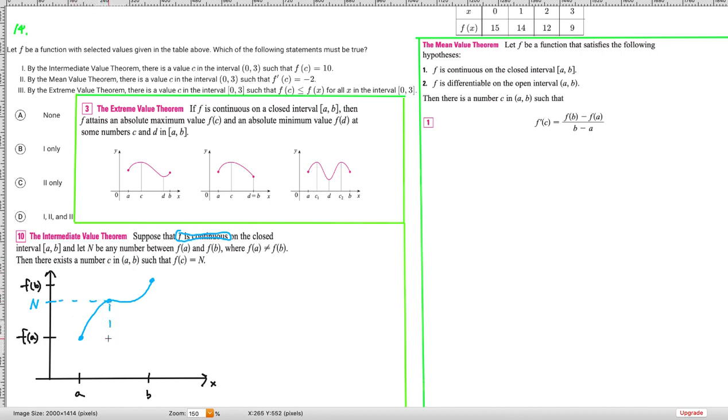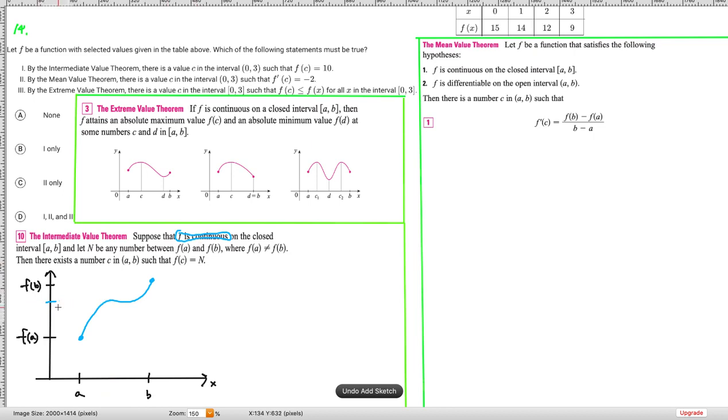There has to be some c between a and b with f of c equal to n, for any number. So suppose f is continuous and n is any number between f of a and f of b.